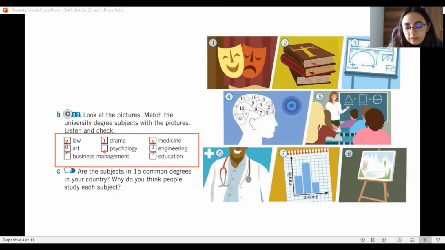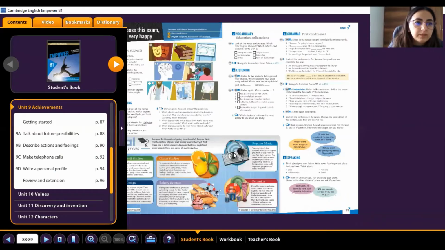So let's see the next article. You're going to read, guys, a short article about unusual degrees. Okay, we're going to see some unusual degrees. After reading this article, you're going to tell me which unusual degrees you think we have here in Ecuador. But first, let's read this part. So let me share with you the screen and I'm going to ask some of you to help me reading.